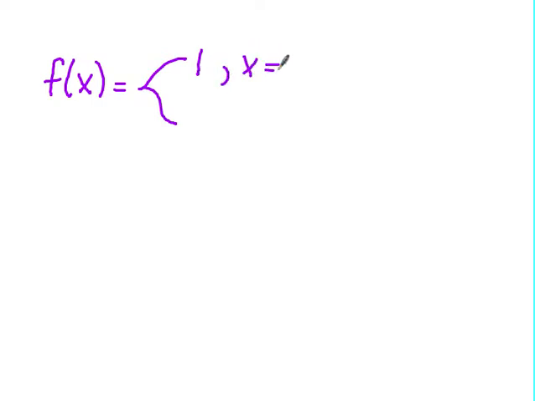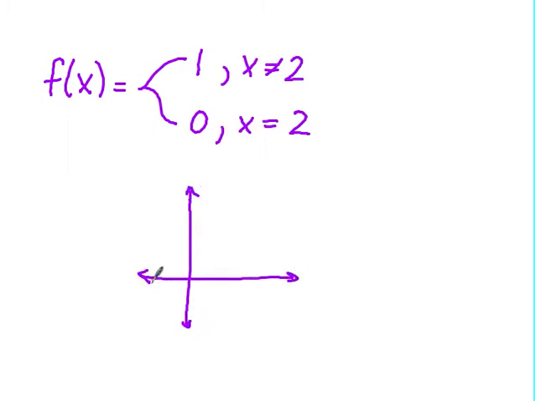f of x equals. This is going to be a piecewise function, guys. So 1 if x doesn't equal 2, and it's going to equal 0 if x equals 2. You're probably wondering what on earth that means.